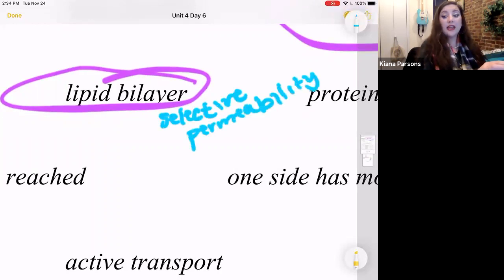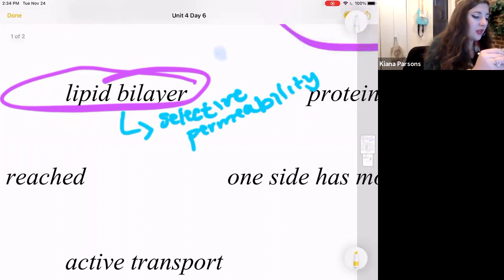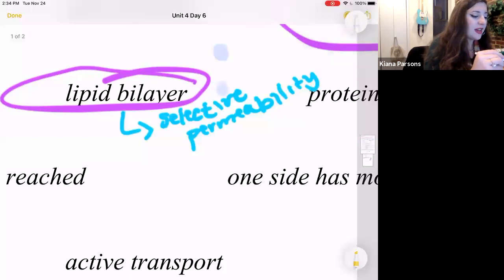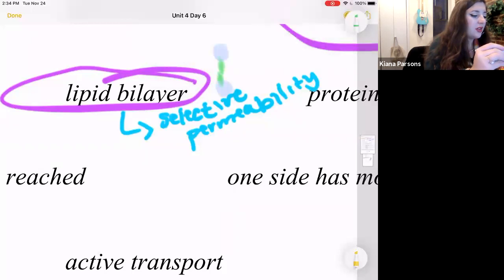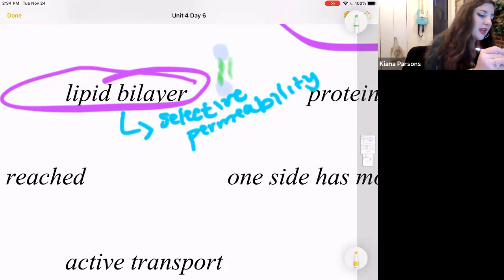And our cell membrane has this selective permeability because it is made out of the little phospholipids, the water-loving heads that interact with the aqueous environment inside the cell and outside the cell, and then the water-fearing tails, right? And there's like two lined up there.